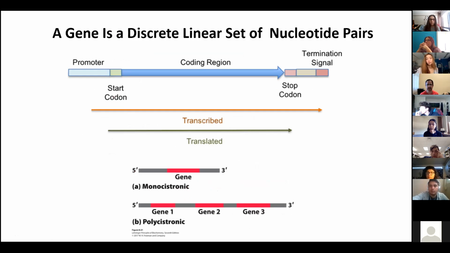So if you think about the gene, now the gene is like a linear set of nucleotide pairs that is divided into subregions, like the promoter region, coding region, and non-coding regions that are important for the regulation of the transcription. Genes can also be organized as monocistronic genes, with only one promoter and one gene, or polycistronic genes, where we can have one promoter region and several coding genes for different proteins in the same region.